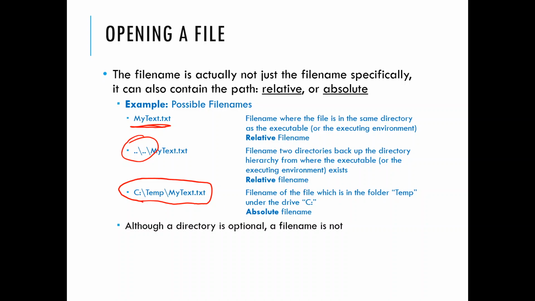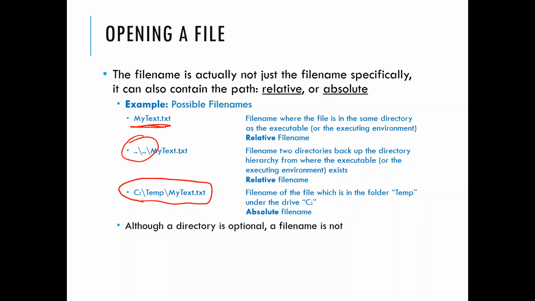For relative file paths, it is where I currently am and away from that. So the dots, if you didn't know what those are doing, that's going to go up one directory, and then go up one directory again, and then my text.txt is in this other directory. So this is whatever directory I currently am in, go up 2 directories, and then I'm looking for my text.txt in that directory.